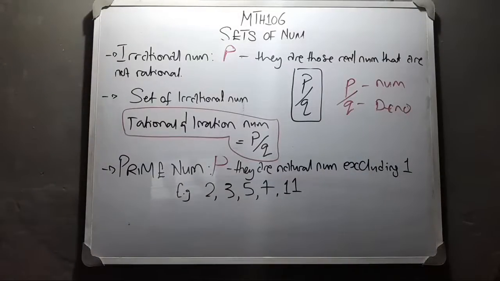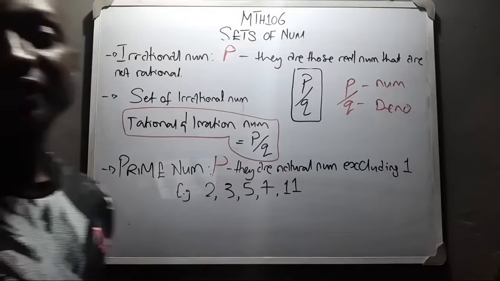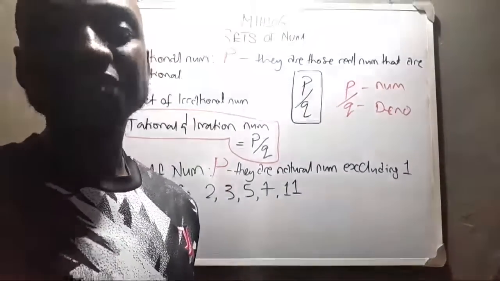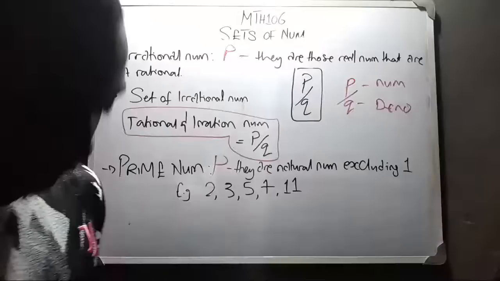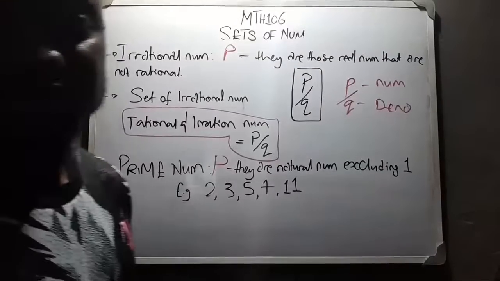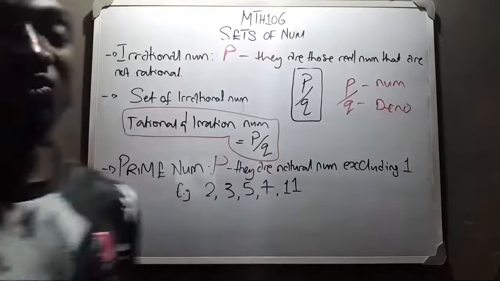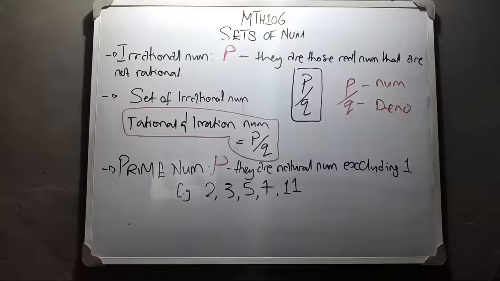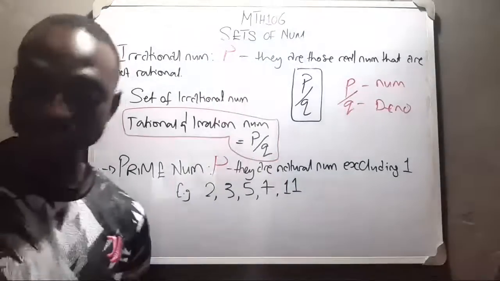Now, when I ask the question of complements, before we can talk about complements, there has to be a universe. There has to be what we call universal sets, and this universal set is what we refer to as the union.